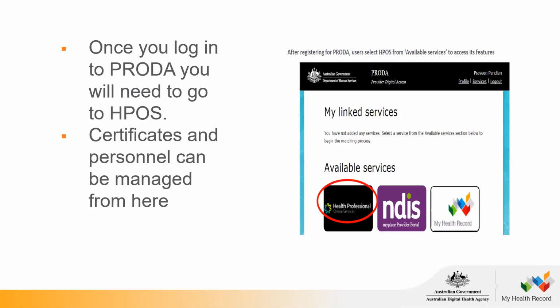And just remember, if you want to do that Nash certificate, you must be the RO or the OMO that is managing this. If you are the owner and you actually don't want to do admin and you want to put someone else on as a responsible person or a maintenance officer, then you can add OMOs, and this can also be done through here. We'll show you this later on. So you click through there onto that tile, Health Professional Online Services.